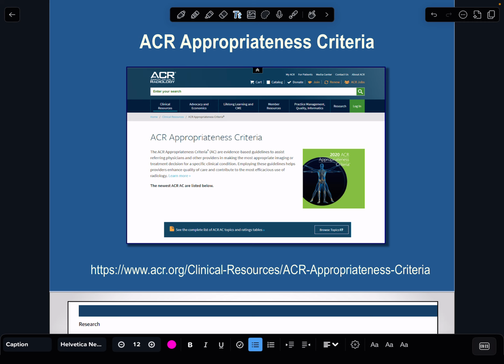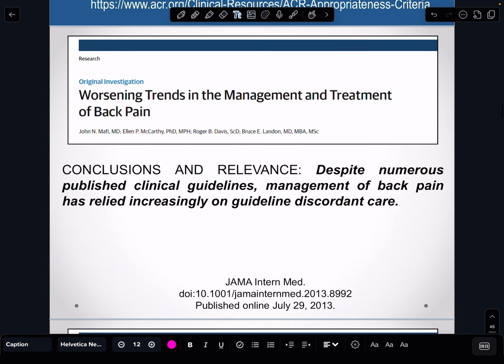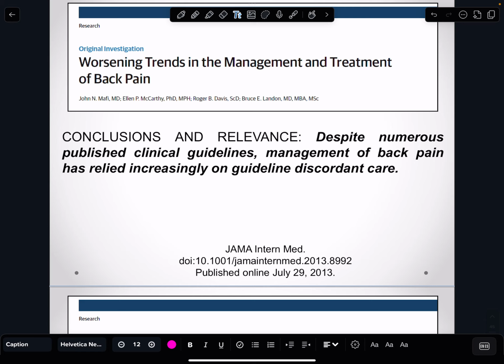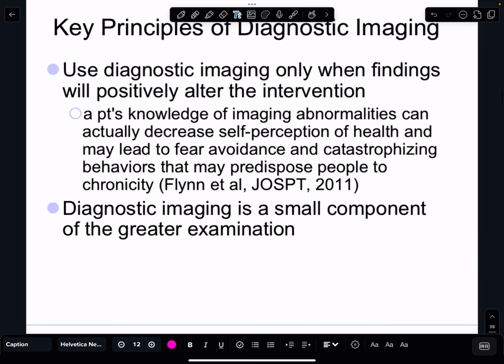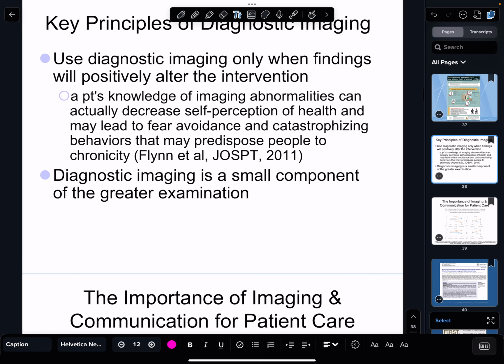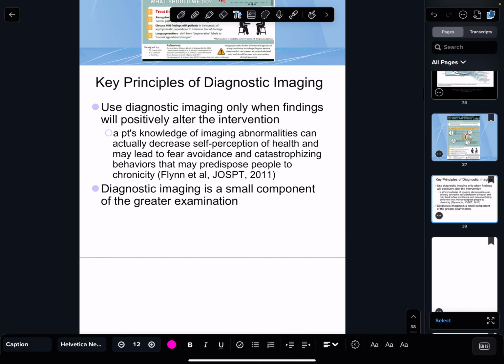This is really the gold standard right now for when diagnostic imaging should be done and what modality should be used. When we go back and talk about this, I also want to mention imaging a little bit: how you speak to patients about it, placing it in the appropriate context, understanding that we see a lot of these findings in asymptomatic people, and really doing your due diligence to determine if they're important.